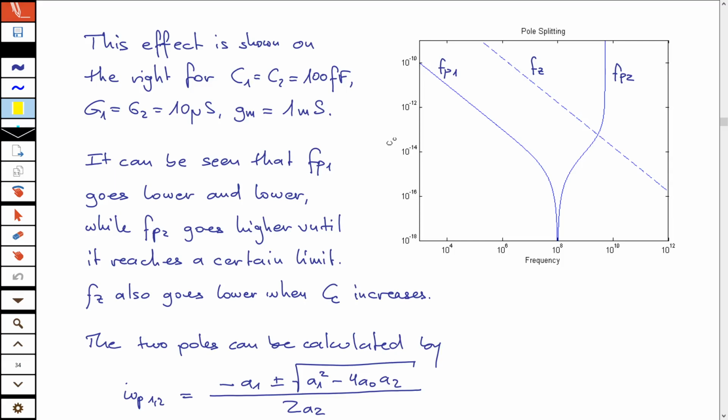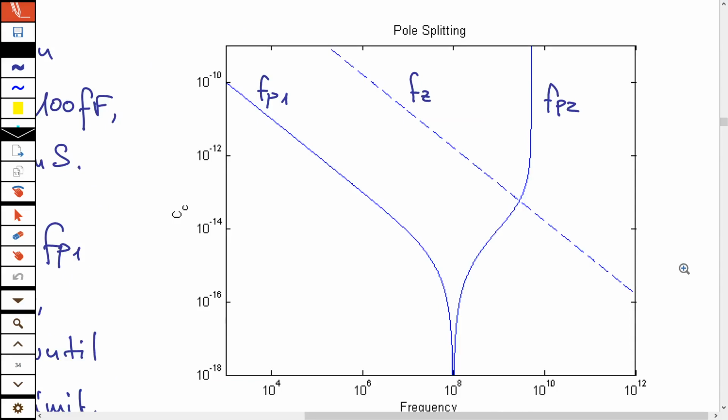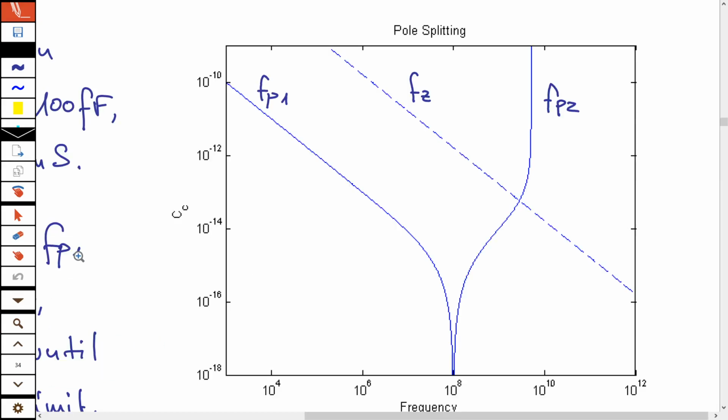I have started with some component values here, and this means that if I have no CC or a very small CC, so this is 10 to the power of minus 18, let me make that much larger so you can see it better. So nothing.